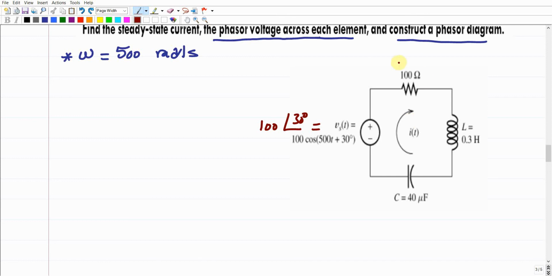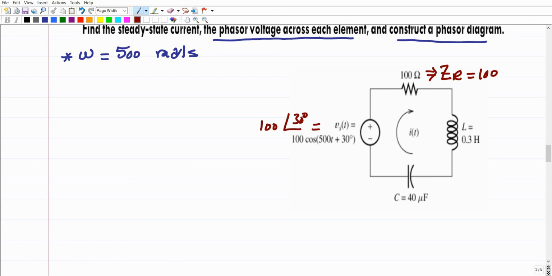But we have to convert this resistance into impedance. What is the impedance of this R? It should be the same value. So the impedance ZR should equal 100. And forget about the unit for now. Make sense? How about the impedance for this L?